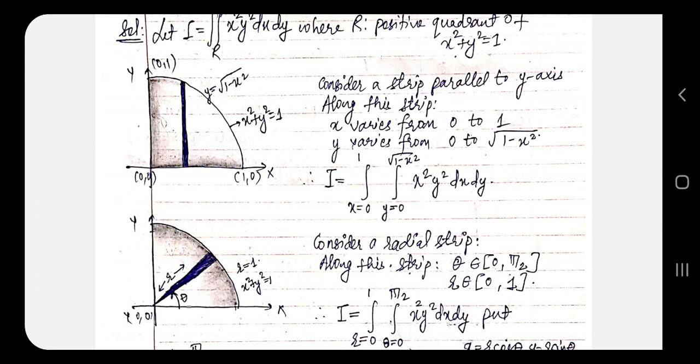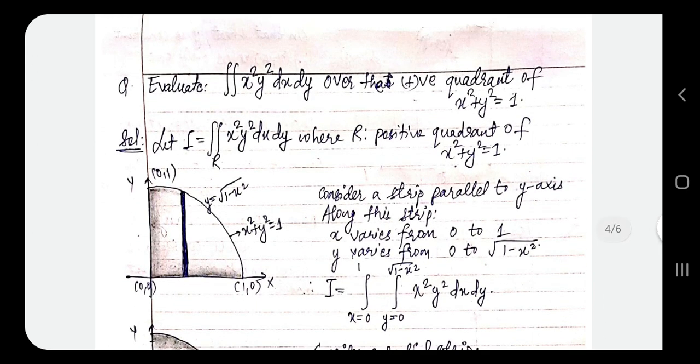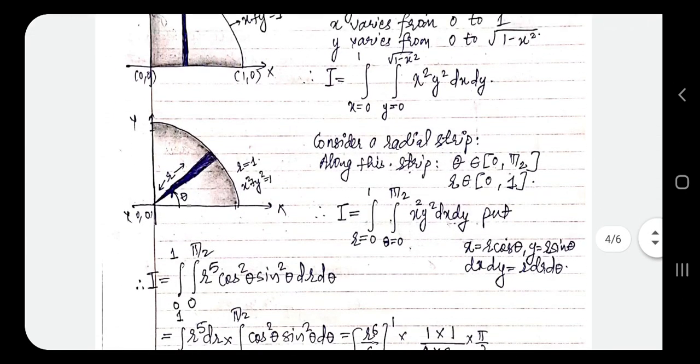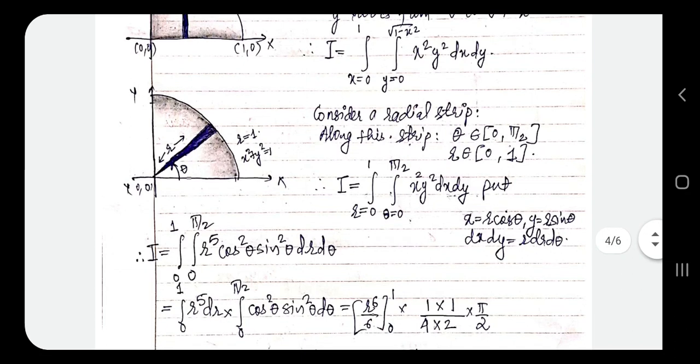Whenever I see x square plus y square and this circle equation, I always use a radial strip. I always try to use polar coordinates. So here I have one more diagram for the same region, but this time I have changed my strip.